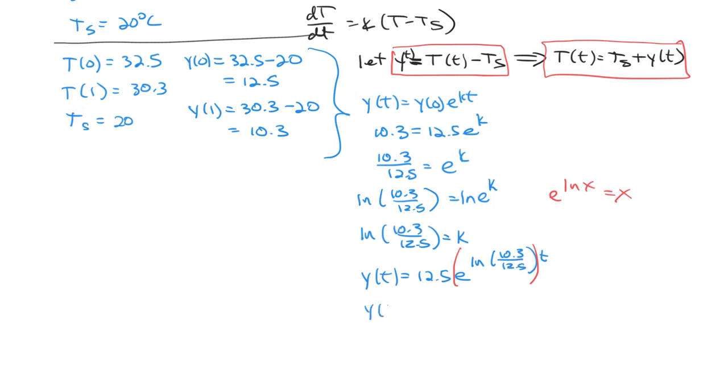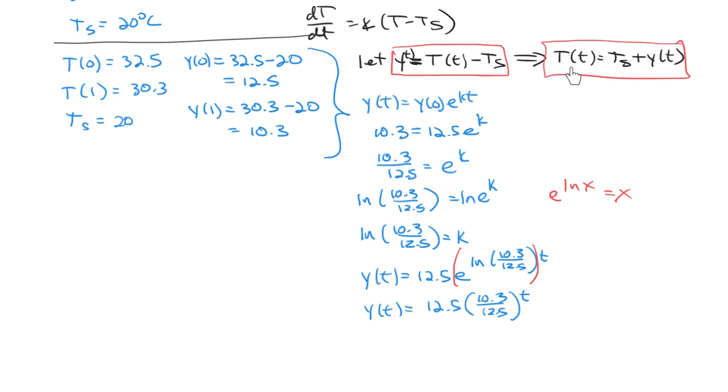So we get y of t equals 12.5 times 10.3 over 12.5 raised to the t. Remind me again what you would never ever do right here. You would never cancel, right? This is a base. The base raised to the t power. So you can't cancel through there.